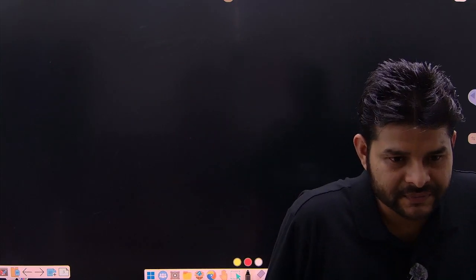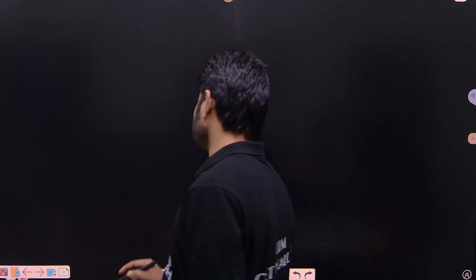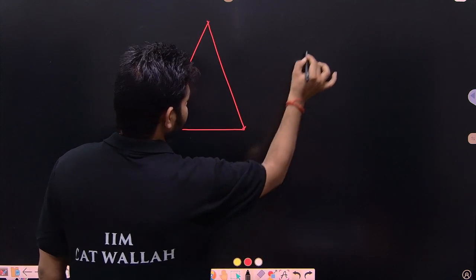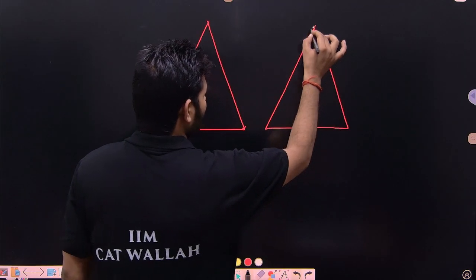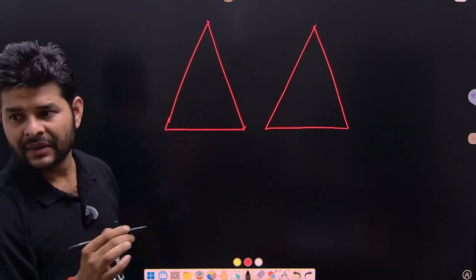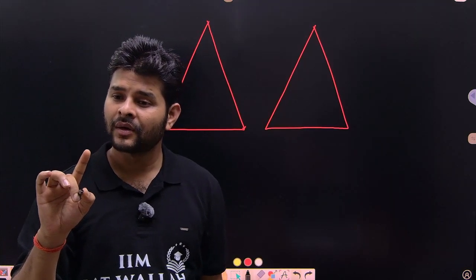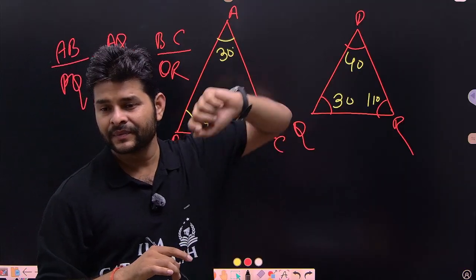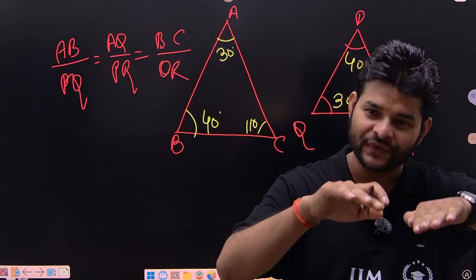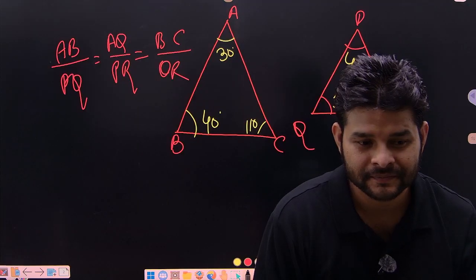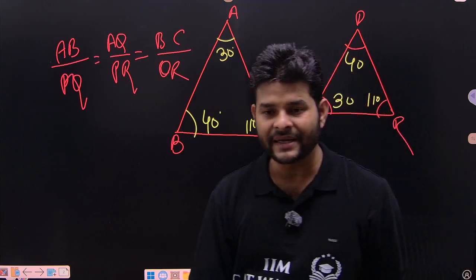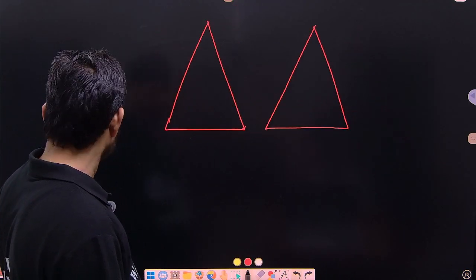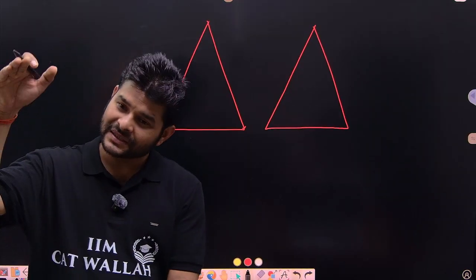Now we have to discuss congruency. What is congruency? If two triangles are congruent, that means all the corresponding sides would be equal. In case of similarity, the ratio of the sides is equal. But here, in congruency, all the sides would be equal.